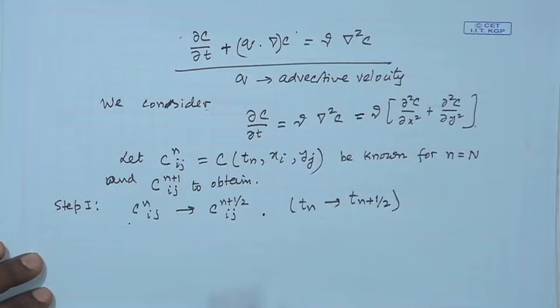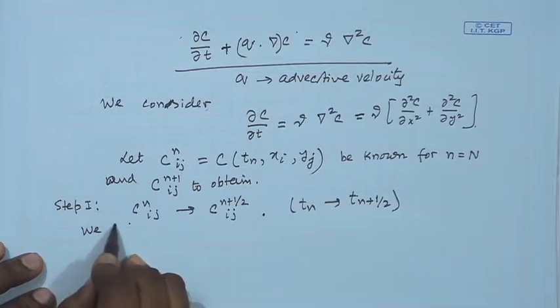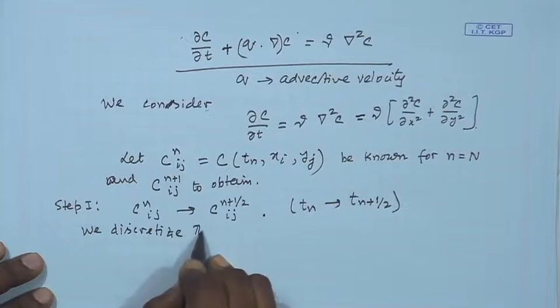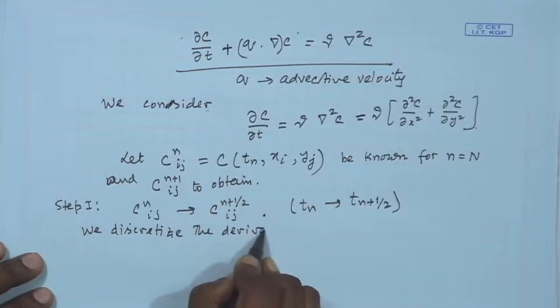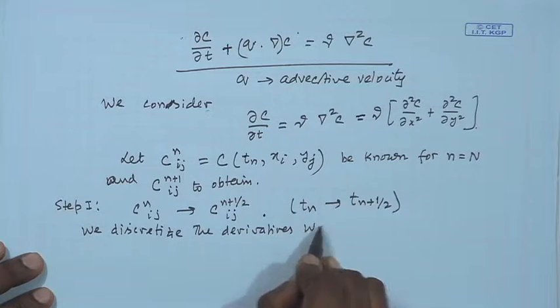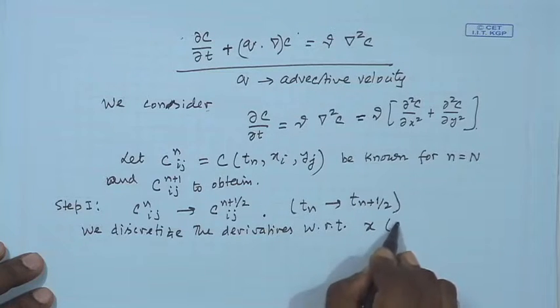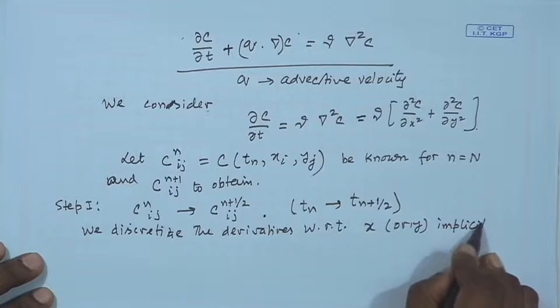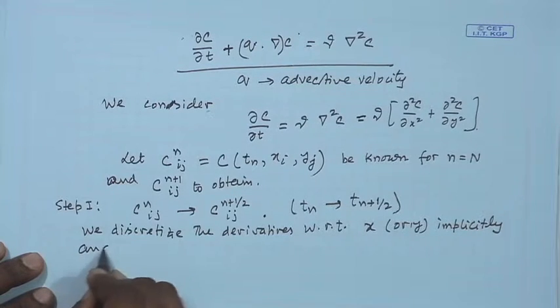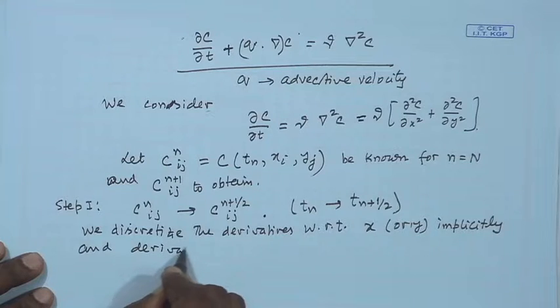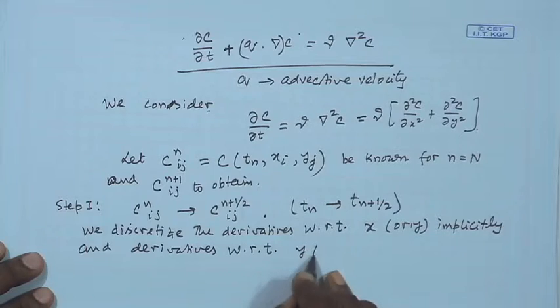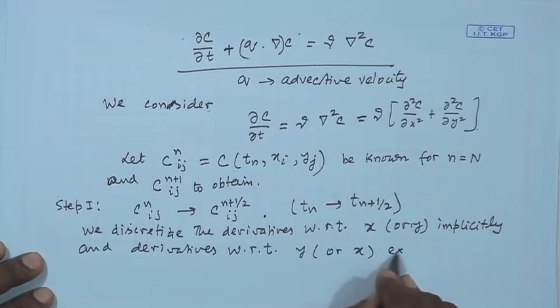And then we discretize the derivatives with respect to x or y implicitly, and the derivatives with respect to y or x explicitly.